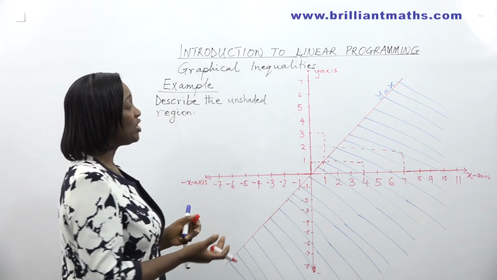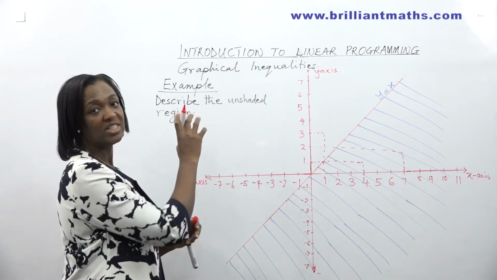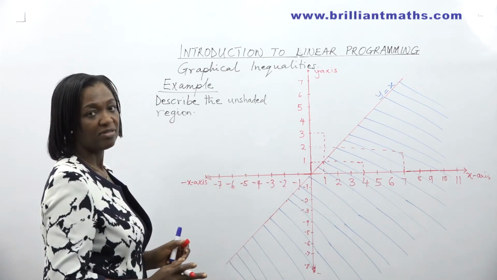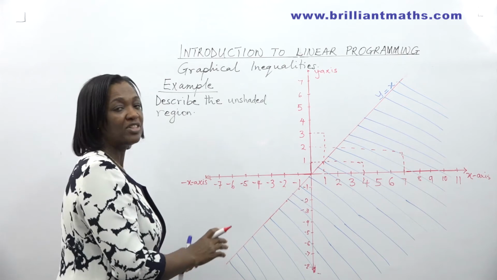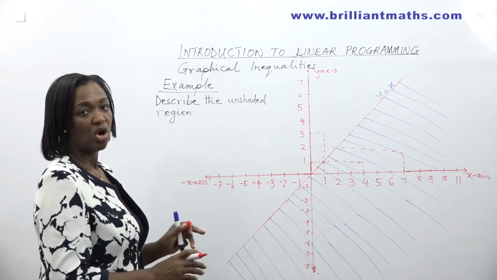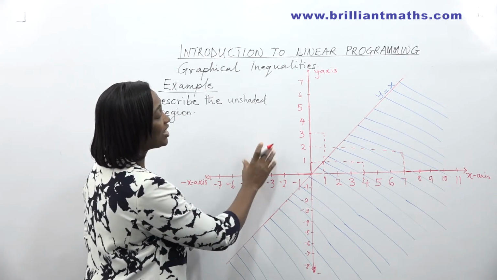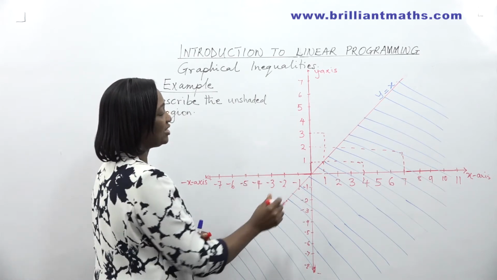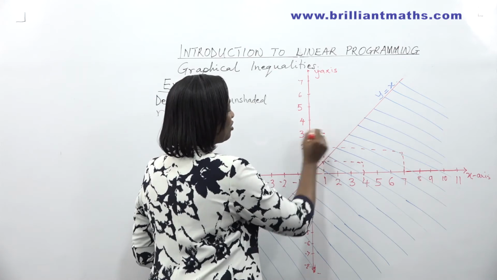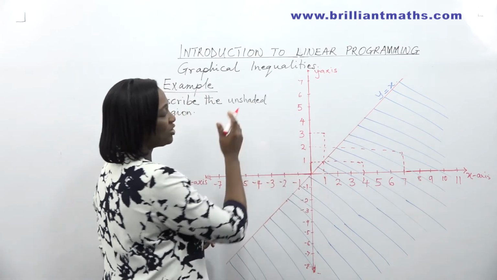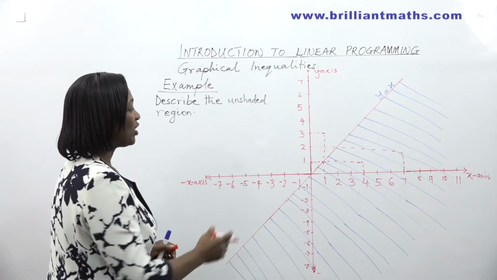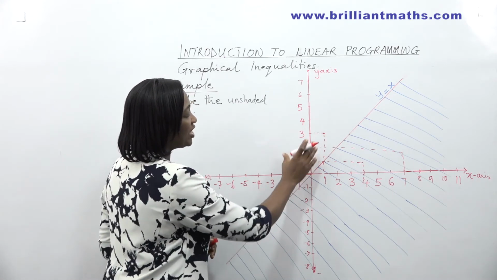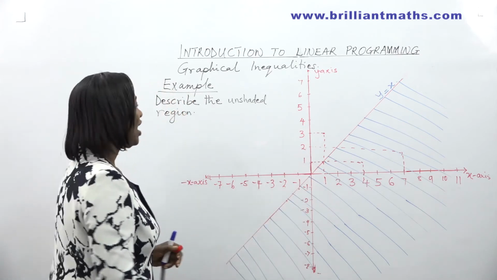So to determine the regions, you just choose points within any region on the graph, and then check if it satisfies the inequality or not. So in this case where we've been asked to describe it, we will now determine where it lies. 1, 3 is part of the unshaded region, and we can see that at that point, y is greater than or equal to x.